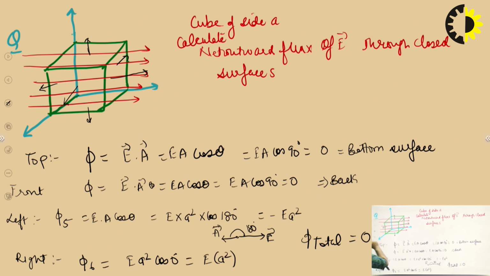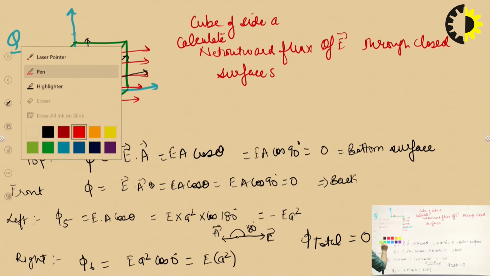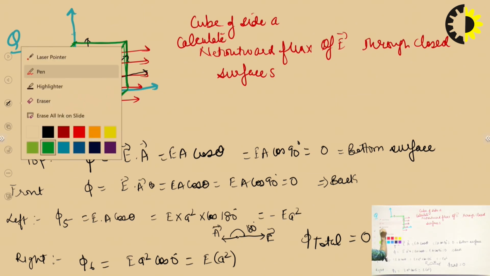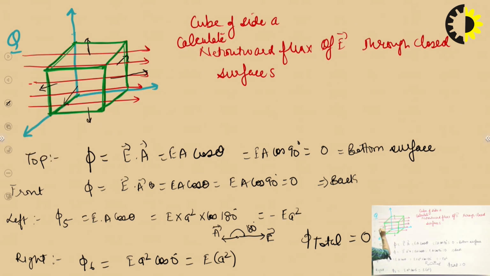Now take the next question. If I say this is a surface, this is a cube, and field lines are crossing through these surfaces.